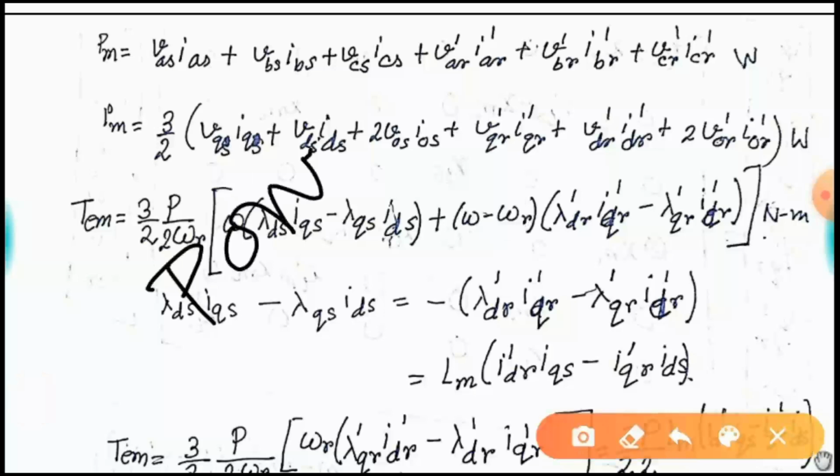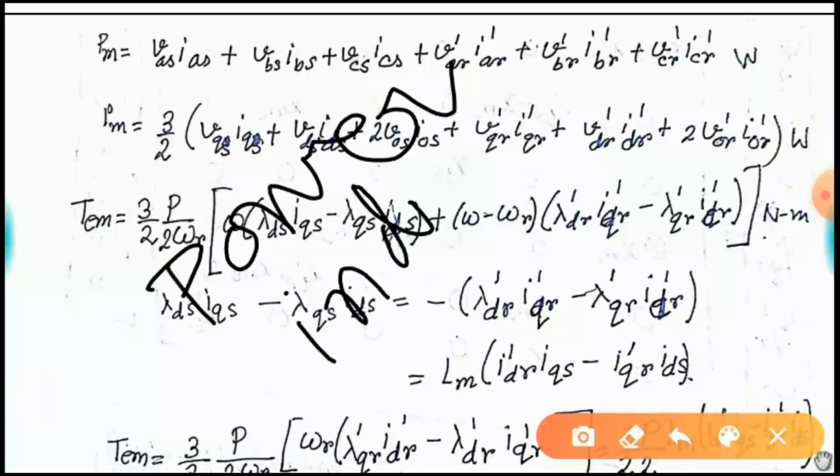Your mechanical power is independent of speed.